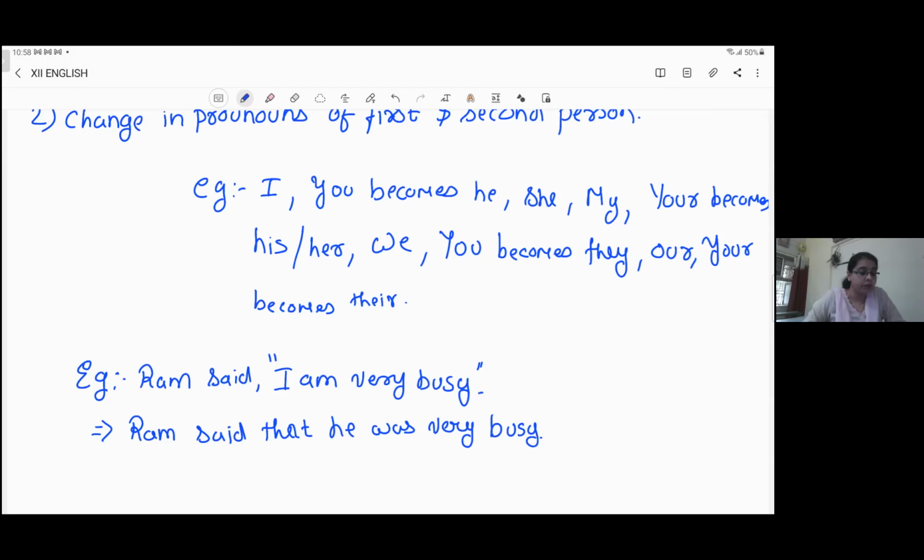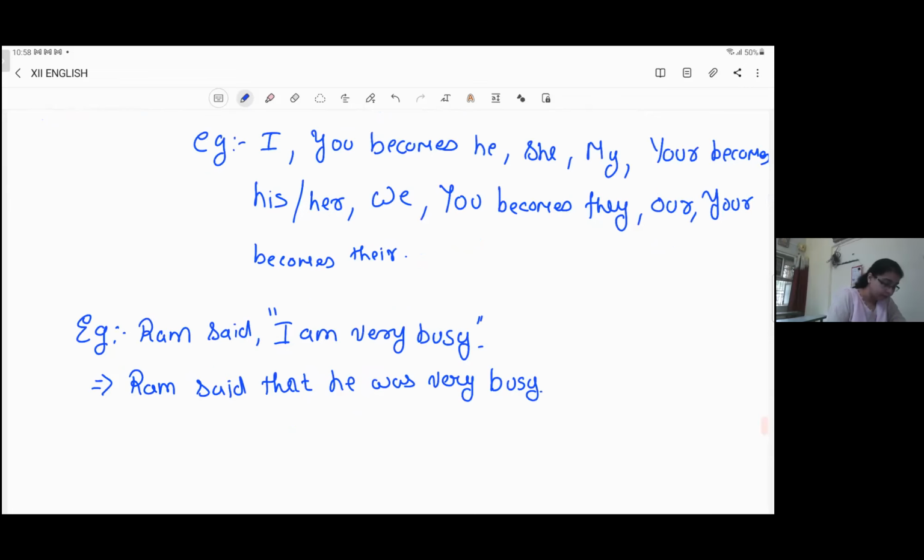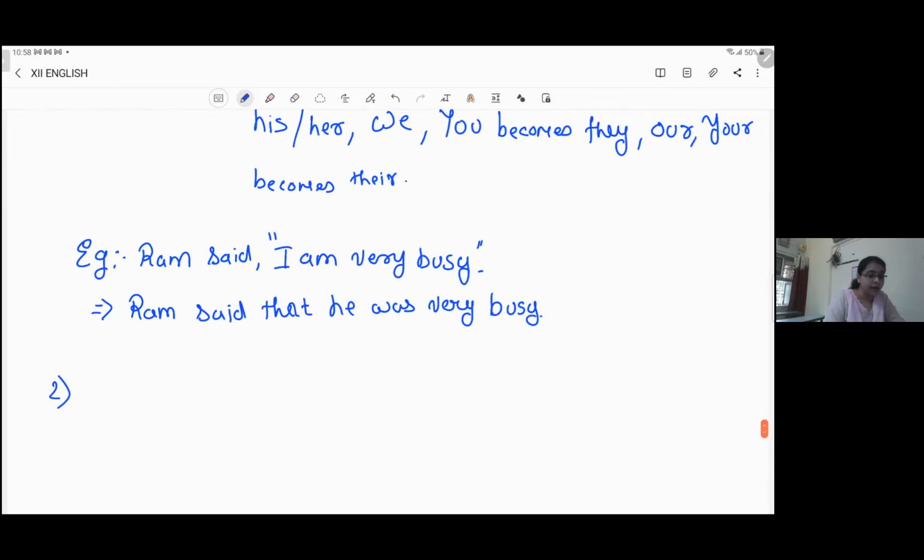I'll give you one more sentence. You all are going to convert it on your own. Right. Sita said to Richa, comma, inverted commas open, I like your dress.